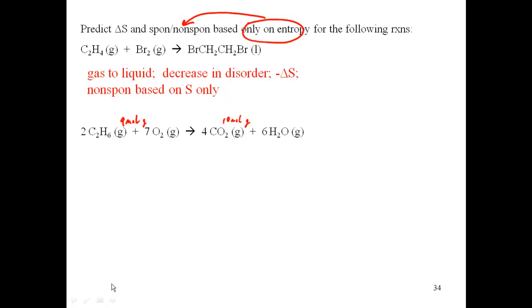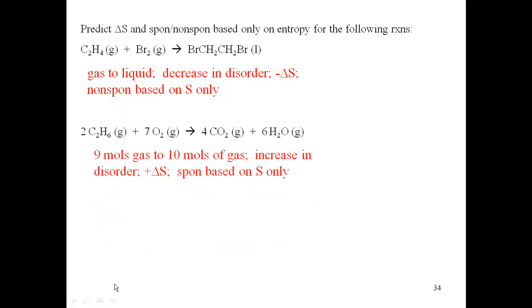Since I'm increasing disorder, it's going to be a positive delta S, and that favors a spontaneous reaction based solely on the entropy. So going from 9 moles of gas to 10 moles of gas is an increase in disorder, a positive delta S. So it's spontaneous based solely on the entropy term.